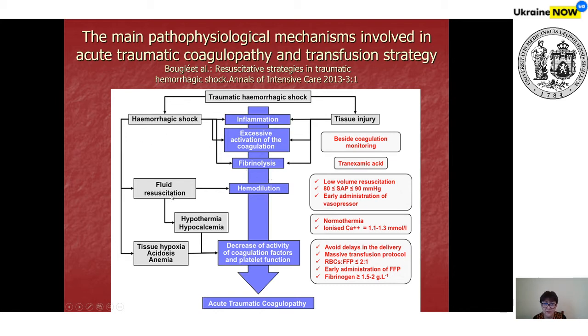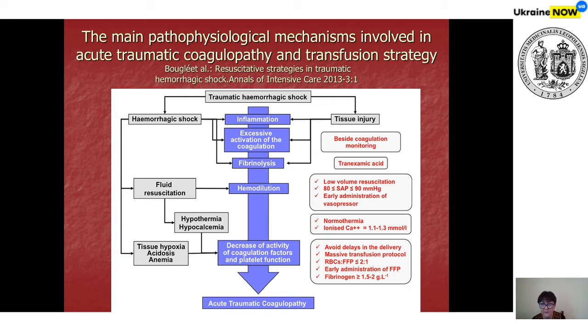Fluid resuscitation can lead to hemodilution, hypothermia, hypocalcemia, tissue hypoxia, acidosis, anemia. All these things decrease activity of coagulation factors and the platelet function. And all these mechanisms are responsible for acute traumatic coagulopathy. You should provide bedside coagulation monitoring.